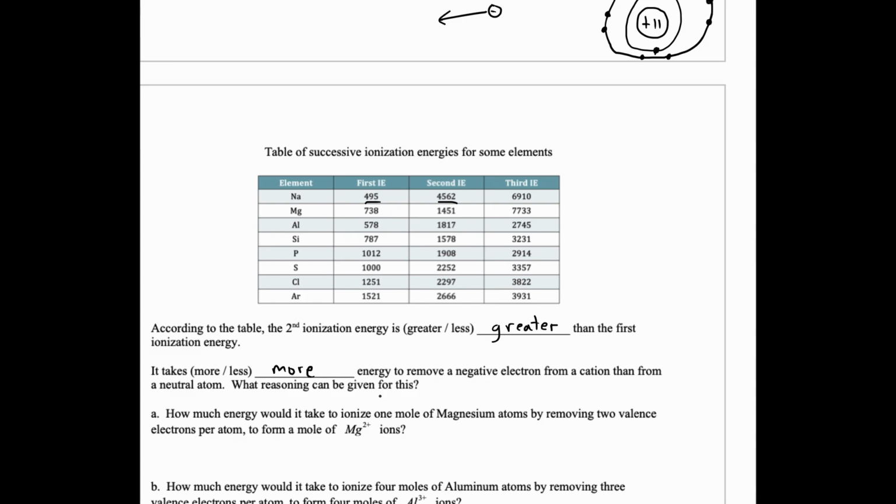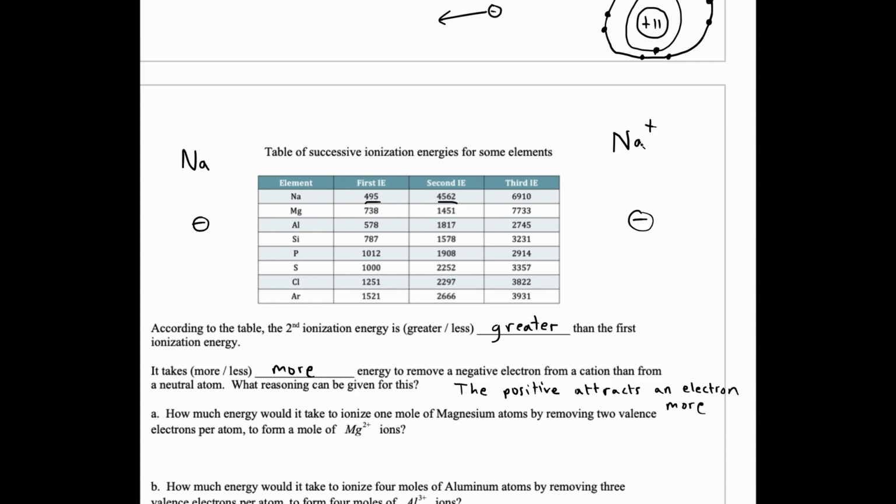So why would this be? That's because the positive ion attracts the electron more strongly. So imagine you're an electron. You're near a sodium plus ion, and then compare what that would be like if you were near just a neutral sodium.